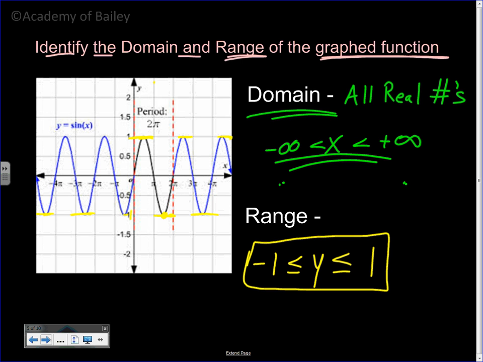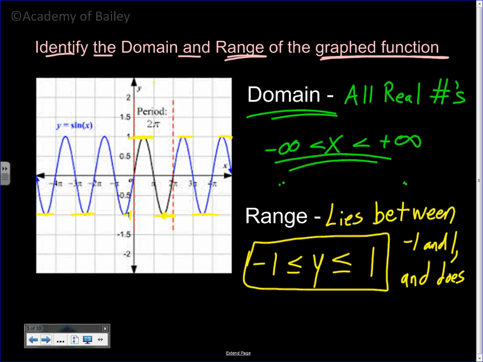Or you may see it written that says the range lies between -1 and +1. And it may say something like this: and does include -1 and +1. So what it's saying is -1 and +1 are part of the range, and then every number between them.